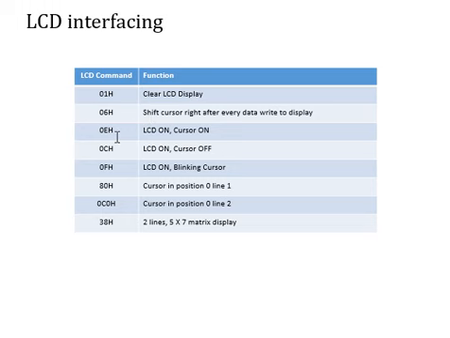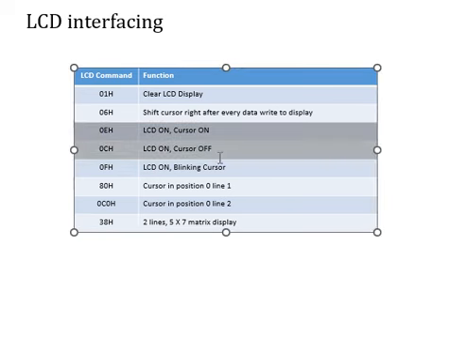If we send 0E hex, it indicates that LCD is on and cursor is on. If we send 0C hex, it indicates LCD on, cursor off. If we send 0F hex, it indicates LCD on, blinking cursor. Out of these three commands, we are going to utilize only one particular command.